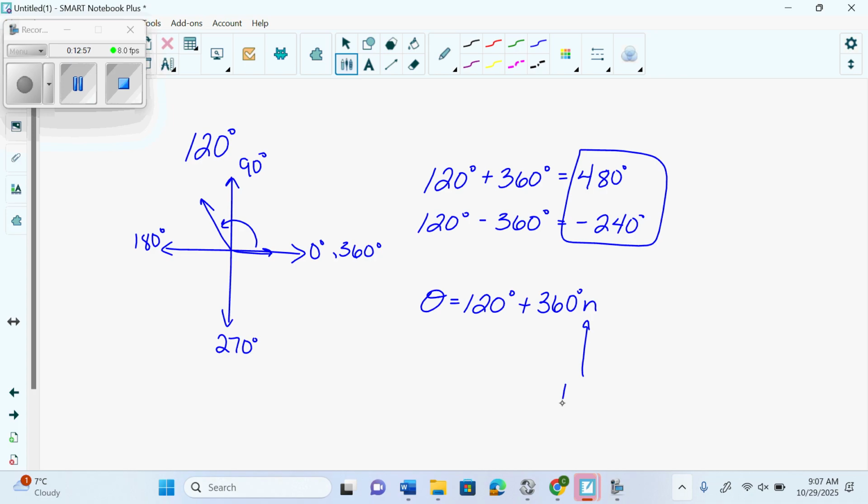I could put a 1. Cool. What else could I put? Negative 1. I could put a 2. What else could I put? Negative 2. You could put 6,000. What else could you do? 0. If you do 0, what do you get? 120, which is still coterminal, yeah.